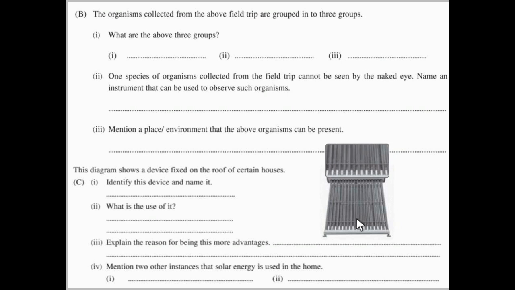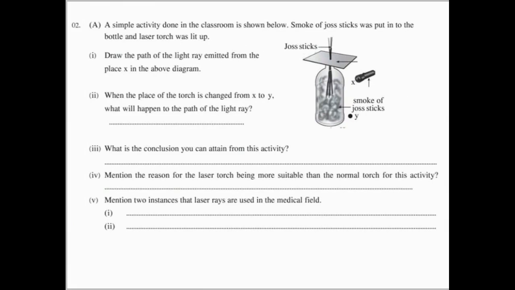Next one. Second question, A. A simple activity done in the classroom is shown below. Smoke of joss sticks was put into the bottle and a laser torch was lit up. Roman number 1: draw the path of the light ray emitted from the place X in the above diagram.